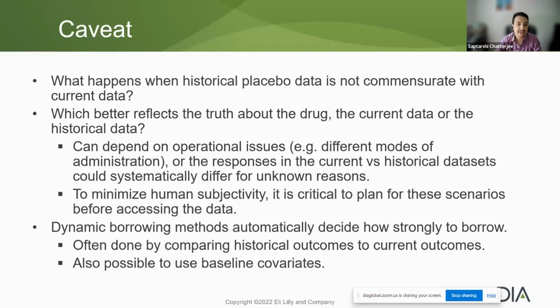What we have seen in the pain research is that sometimes this also shifts a little bit. We can also think about whether borrowing is the best thing to do in these cases, whether the confidence we see in the current data versus what we saw in the historical data differs systematically, and how to account for that systematically.